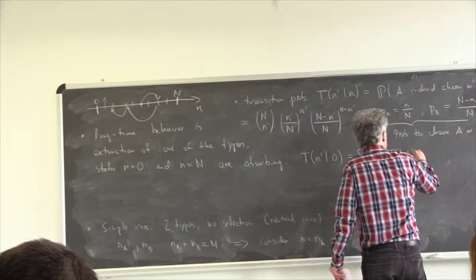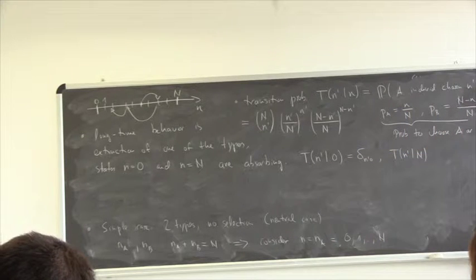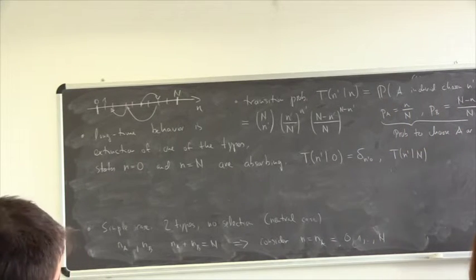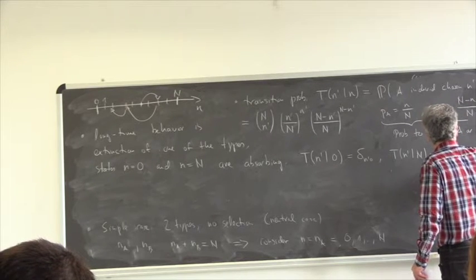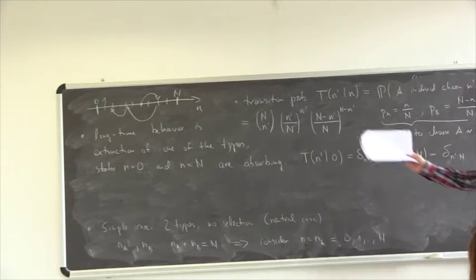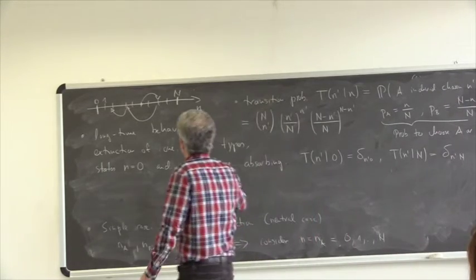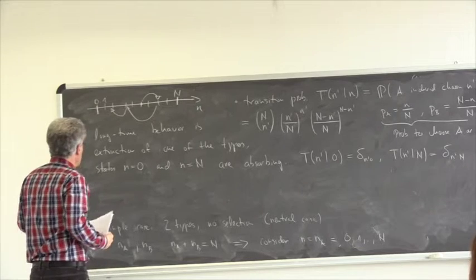And similarly, if n is equal to capital N, then the only possible state is that n prime has to be equal to n. Okay, so this is clear. So the process will jump around, but eventually will go to extinction.